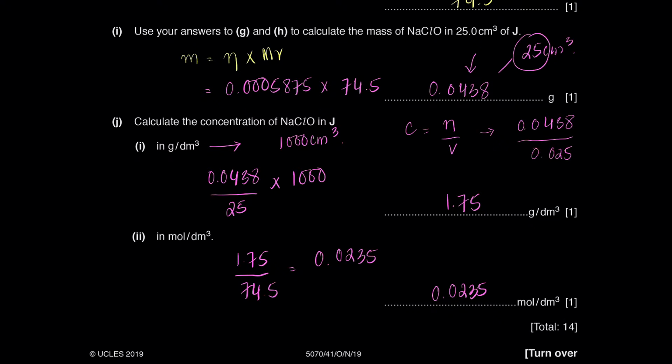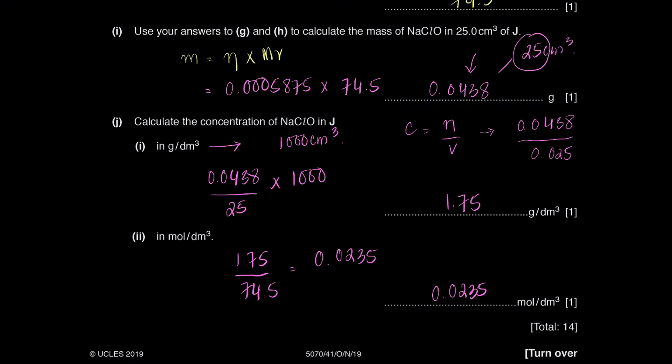How so? I'm trying to take a different approach. I try to do it differently because I just like thinking about it differently. But if you find it confusing, I can do it the other way as well. What essentially I'm doing is, concentration is the amount of moles in 1,000 centimeter cube. They're asking for grams per decimeter cube.